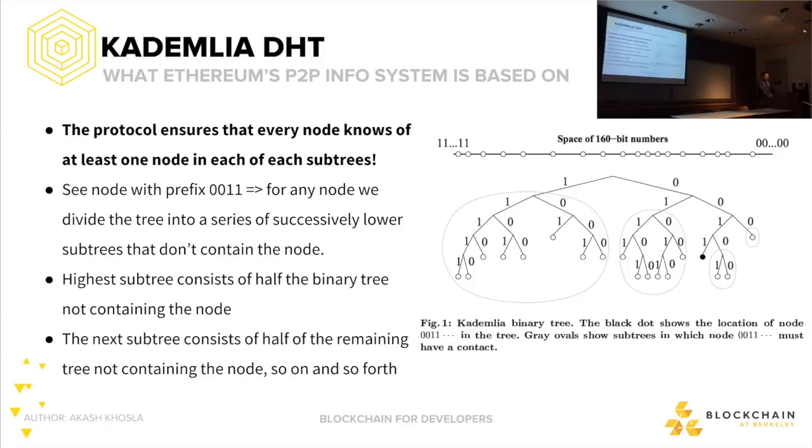Let's take a look at the node with prefix 0011, and we want to divide the tree into a series of subtrees that don't contain that node. The highest subtree will contain half the binary tree that doesn't contain the node, and the next subtree consists of half of the remaining tree not containing the node, and so forth.